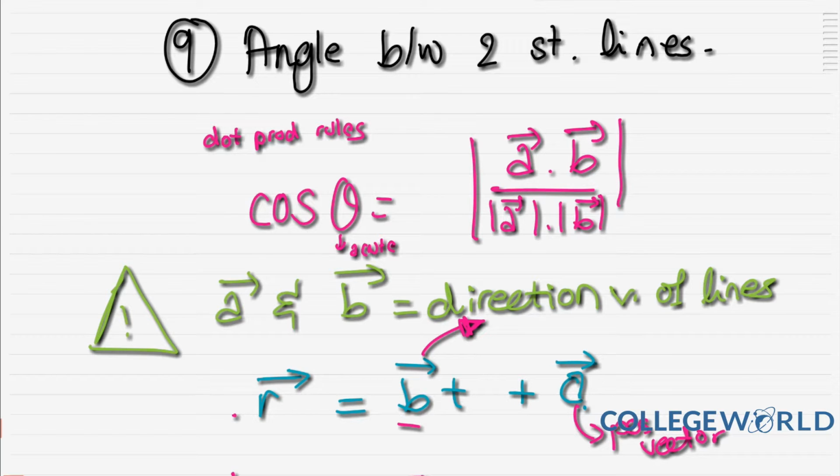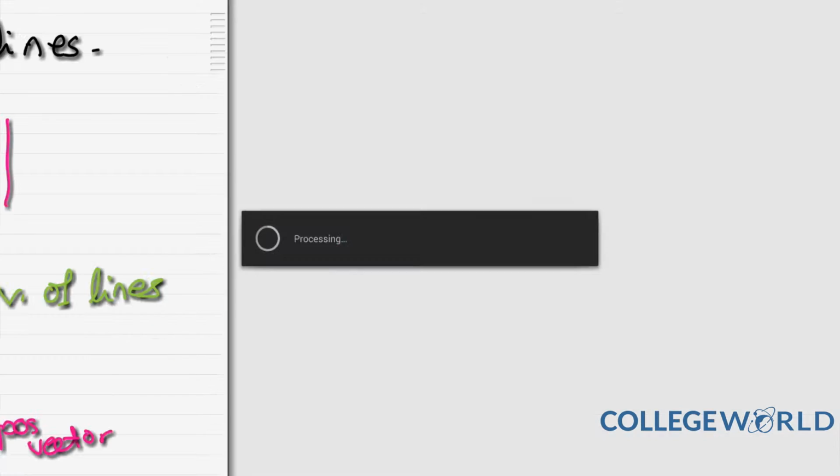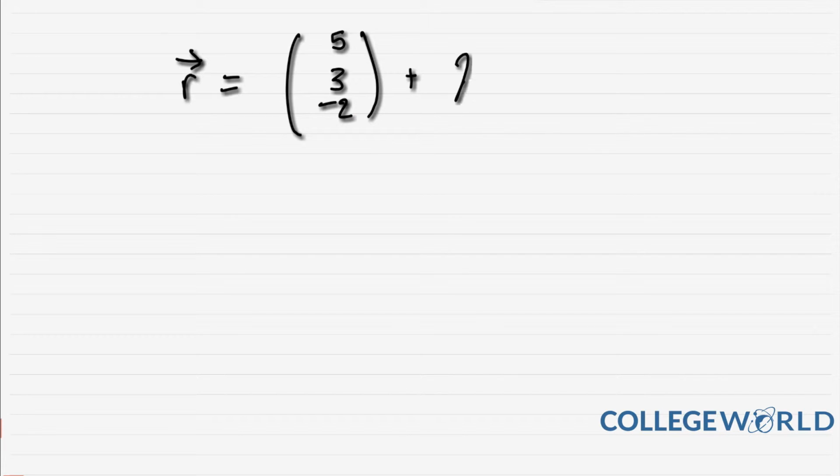In this example, let me move on to another page. We're given these straight lines. So 5a, I'm just going to write it in matrix form, it's easier and quicker. So you have (5, 3, -2) plus lambda, and here our lambda is just a parameter like t, so don't fuss about it.